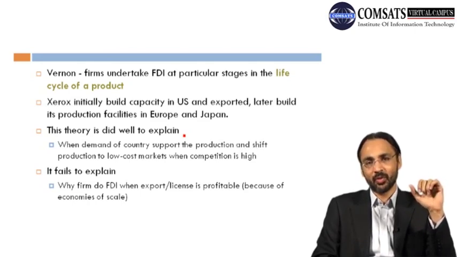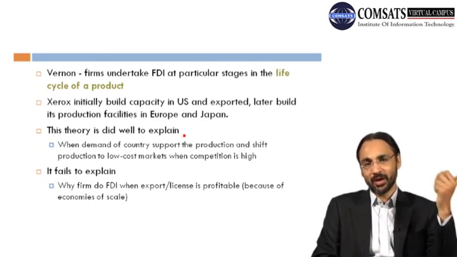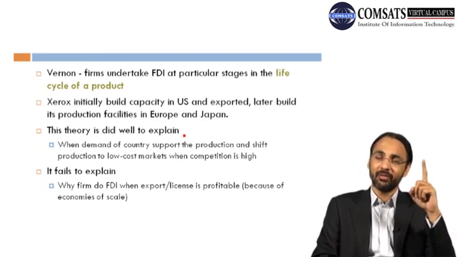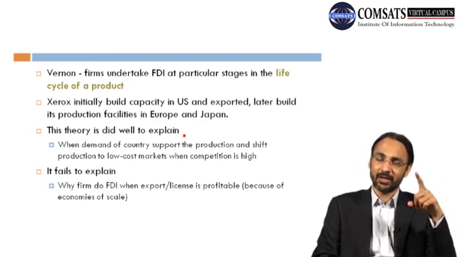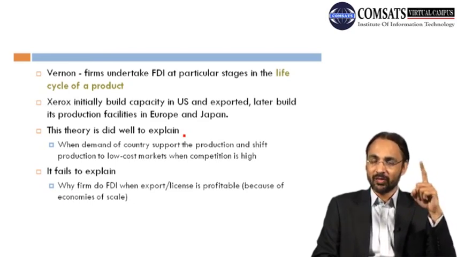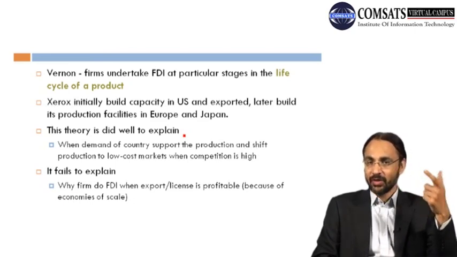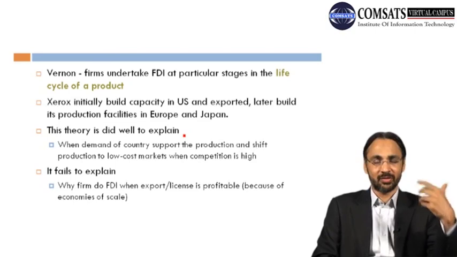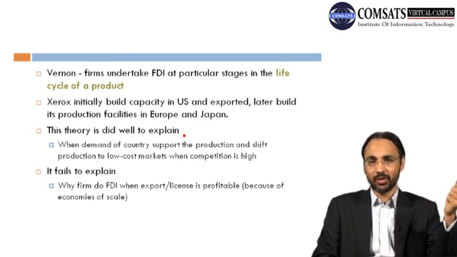They could increase the level of export if the demand was higher. It is because one concept was missing from this theory: it was ignoring the concept of economies of scale. If the demand for that product was higher, then why don't they just produce at a larger scale in USA and export that product? Why don't they do that?